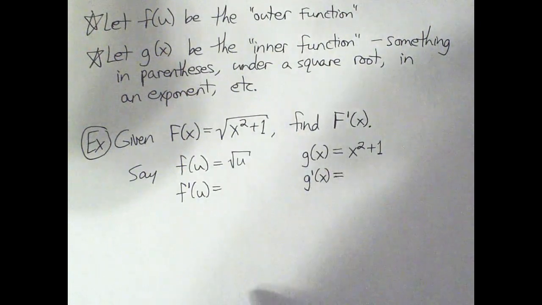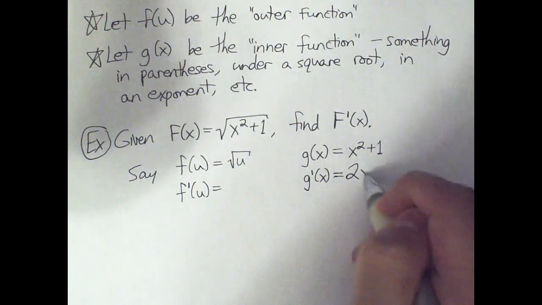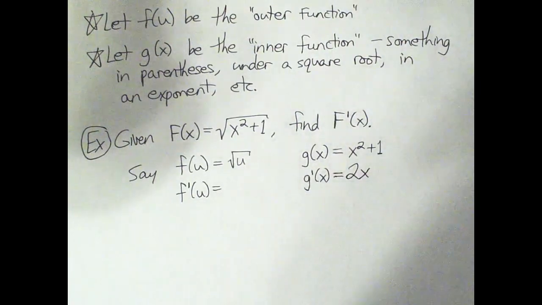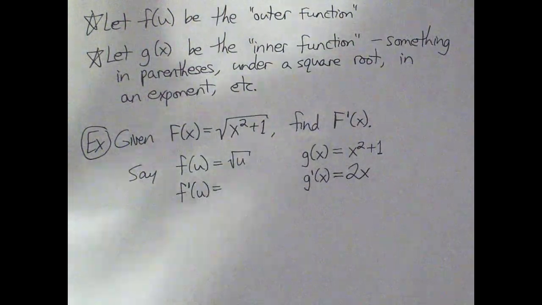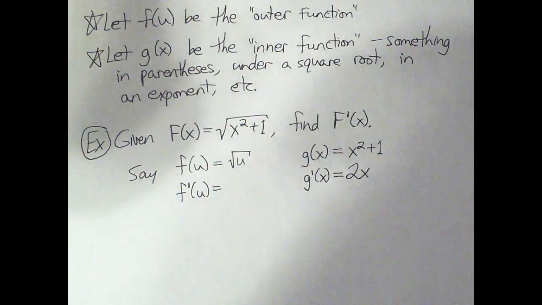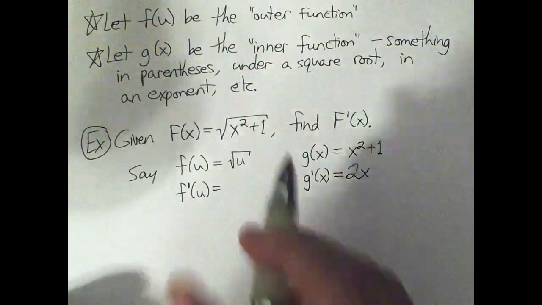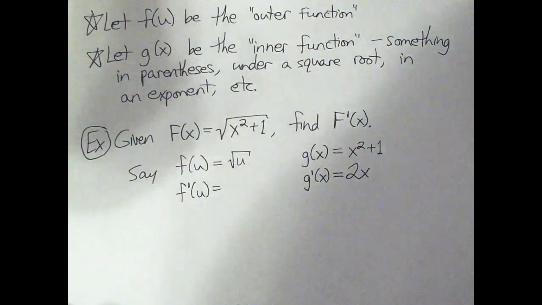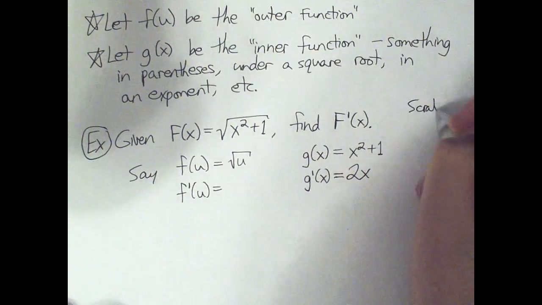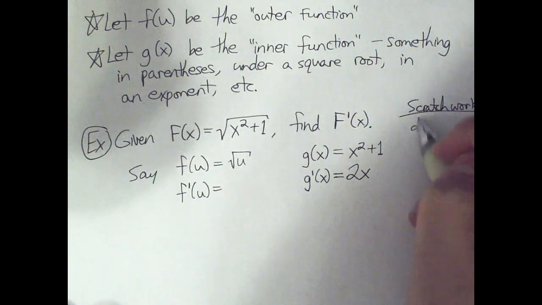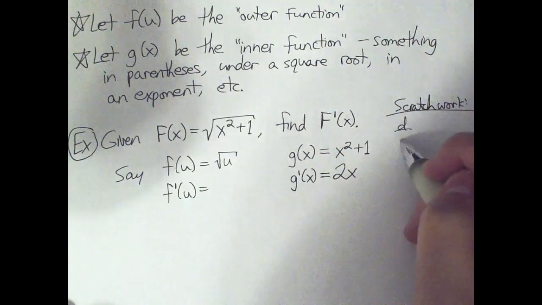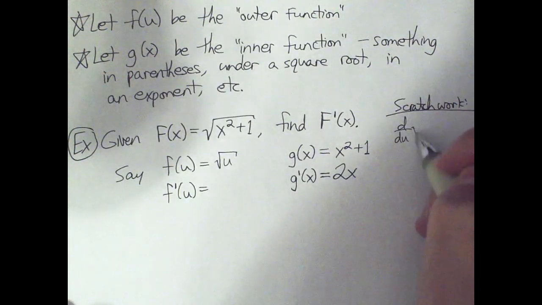What are the derivatives of these? This is the easy one. Derivative of x squared plus 1 is 2x, right? What's the derivative of the square root of u? Well, u is the variable here. We've done the derivative of the square root of x before. Now it's just labeled u. There are a couple of ways to write this. Here, scratch work. I shouldn't have to spend much time on this kind of thing, but we're doing the derivative with respect to u, so maybe I'll call it d du of the square root of u.